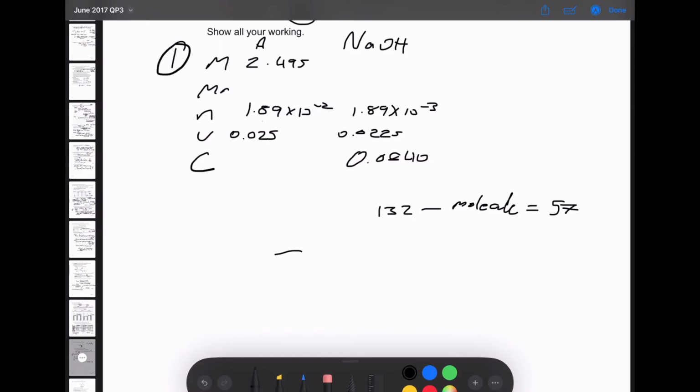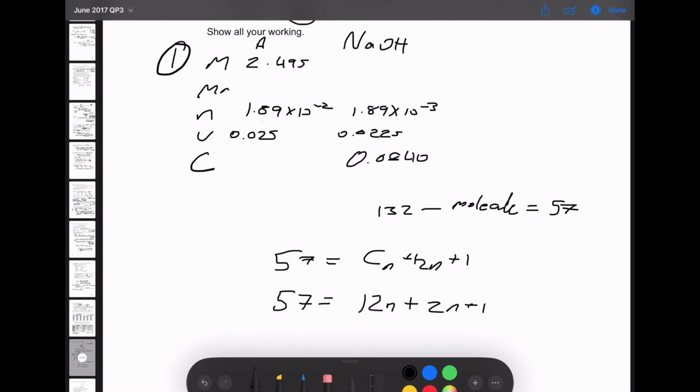So 57, and we know it's an alkyl group, and we know alkyl groups are CnH2n plus 1. So what can we do with this? Well, we can say 57 is equal to 12 times n, because mass of carbon is 12, plus mass of hydrogen, which is 1, times 2n plus 1.